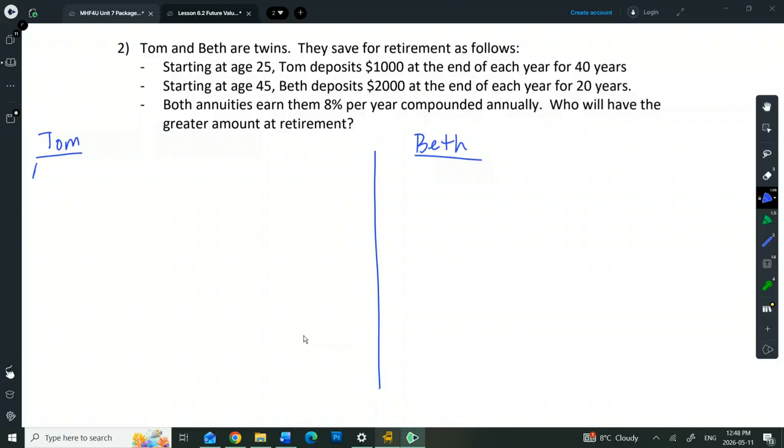Alright, so we have A, R, CP, little r, and T. So what do we know out of these so far?